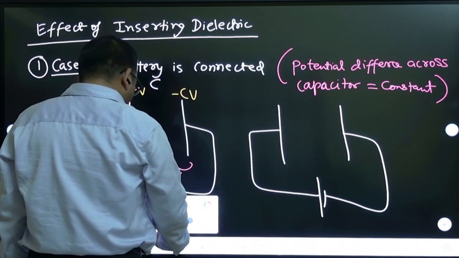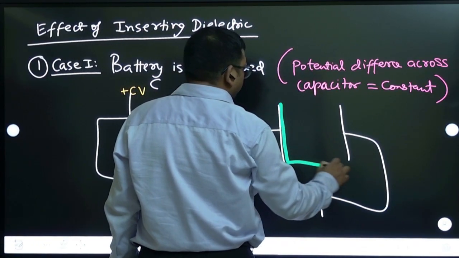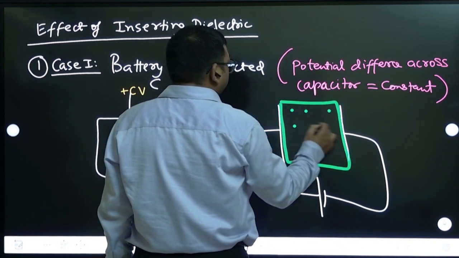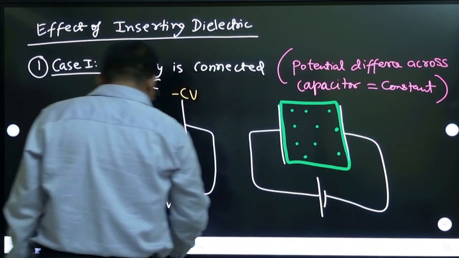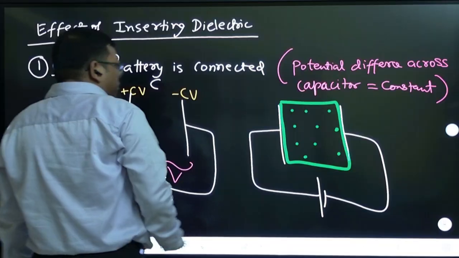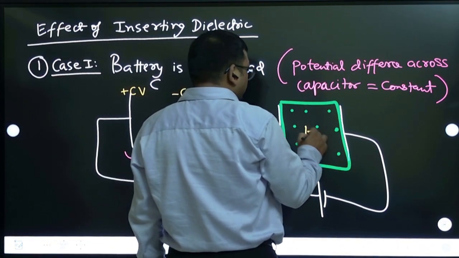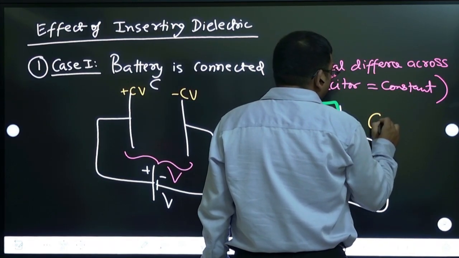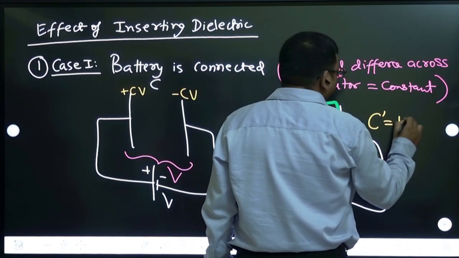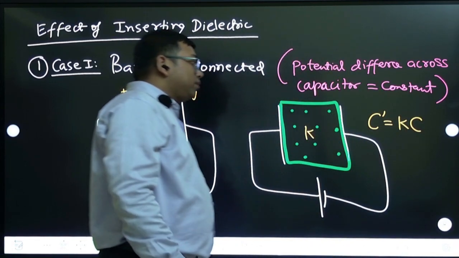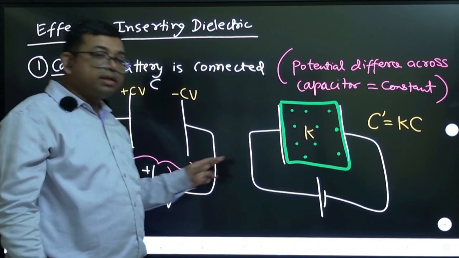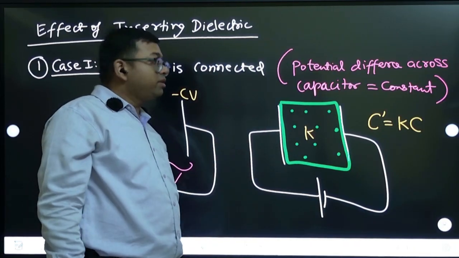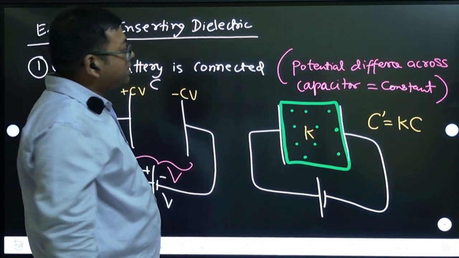Note that capacitance C dash is now K times C, because the capacitance formula is epsilon naught A by d, and epsilon naught changes because the medium changes. So K times C is the new capacitance.